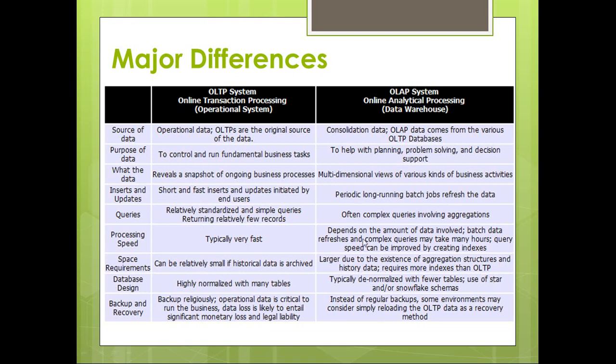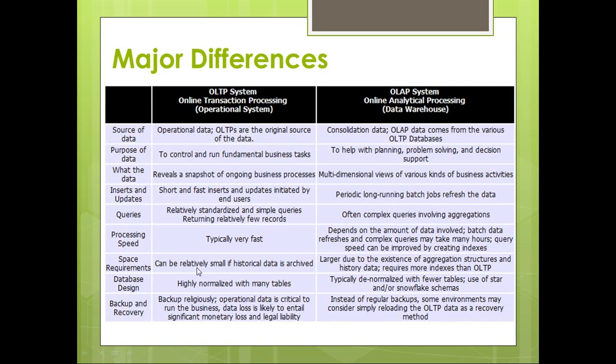And oftentimes with the OLAP, you have to create indexes in order to improve their performance and the read speeds. Space requirements can be small if historical data is archived in an OLAP.